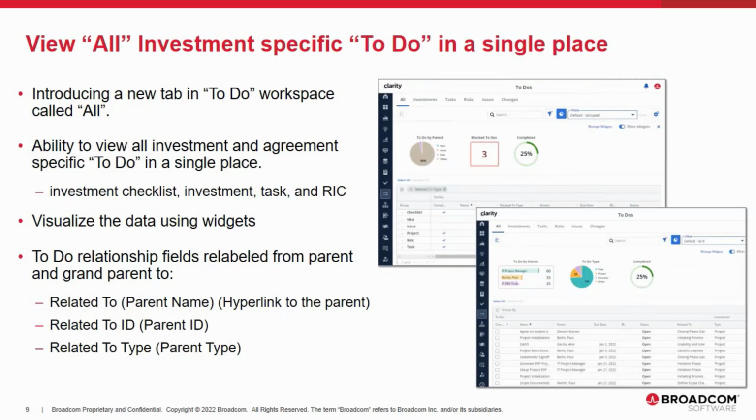In here, when the user navigates to this to-do workspace All tab, they will see every to-do listed across all investments and all agreements. They will also be able to see the checklist for those specific investment and agreements, the investment specific to-dos, the task specific to-dos, as well as risk issues and changes specific to-dos.